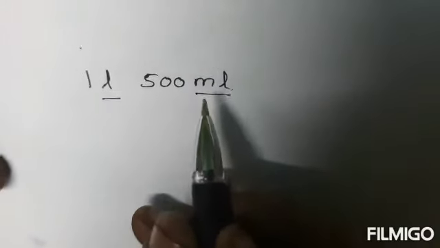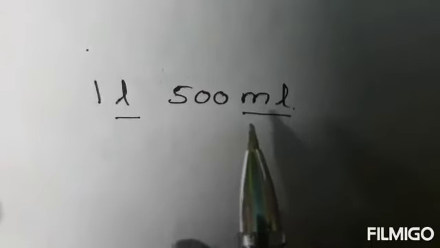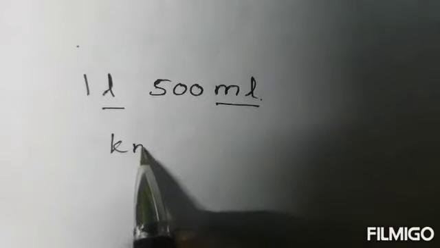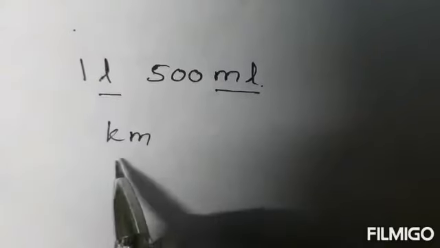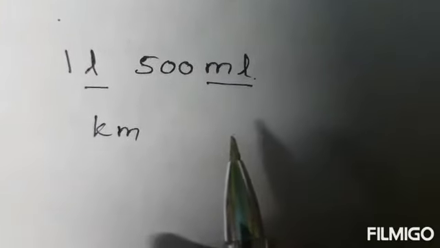So far we have learned so many units we use in our daily life. So what are the units you have learned? Kilogram, meter, centimeter, liter, milliliter, kilometer. These units are all used in our daily life.